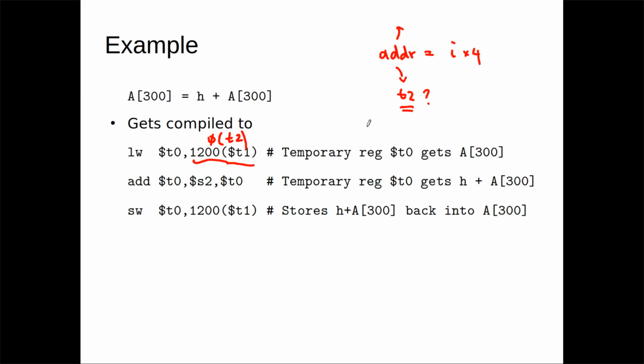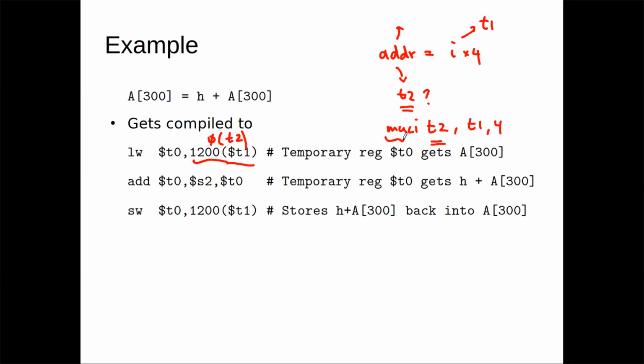For T2, we can either do a multiply, which, for example, puts the result into T2 and uses a multiply immediate: T1, which contains i, multiplied by 4. That's how we convert to the address.